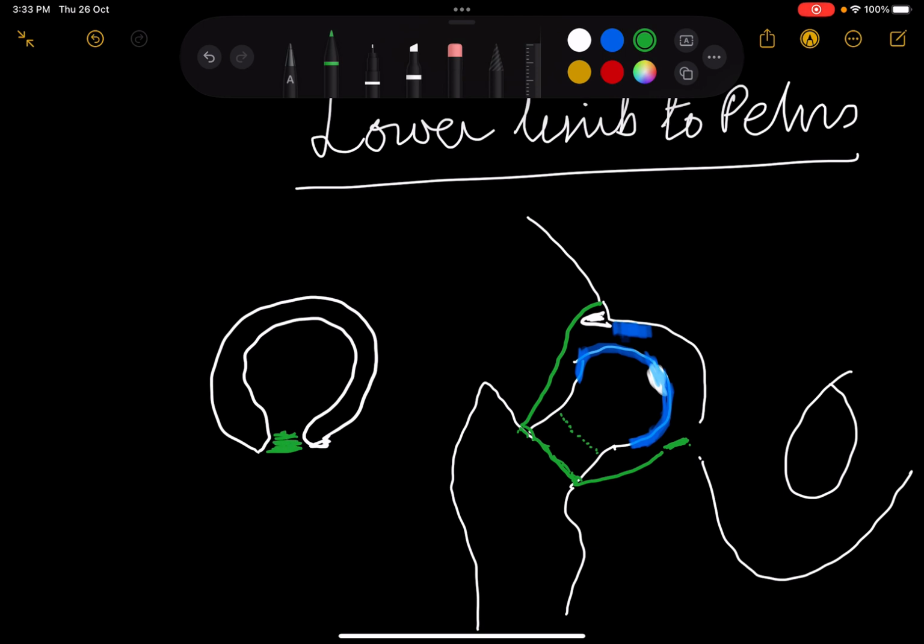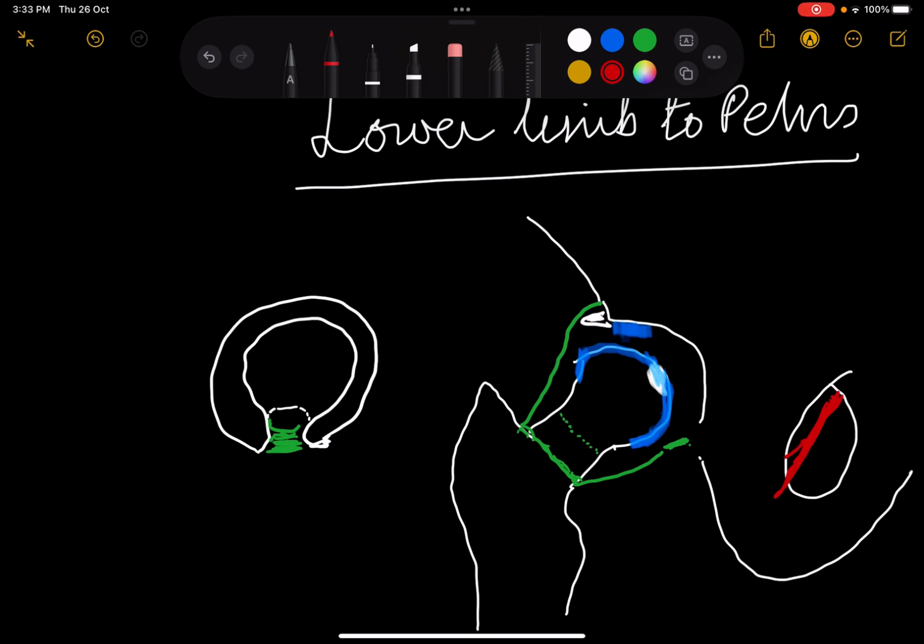From this transverse acetabular ligament, you have a space behind, through which enters the branch of an obturator artery. So the obturator artery is here, going like this.